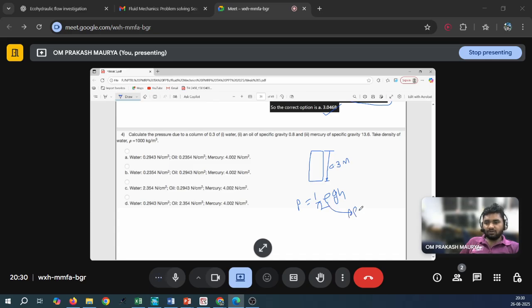For each, rho will be different. For the first case, that is water, 1000. For the second case, it will be 800. For the third case, 13600.